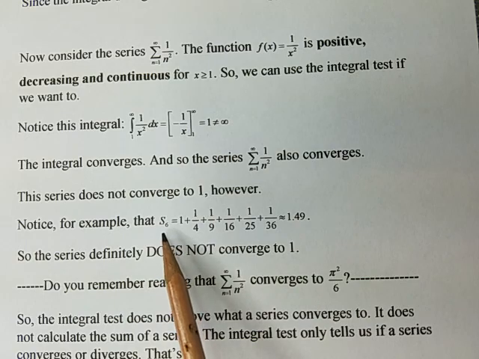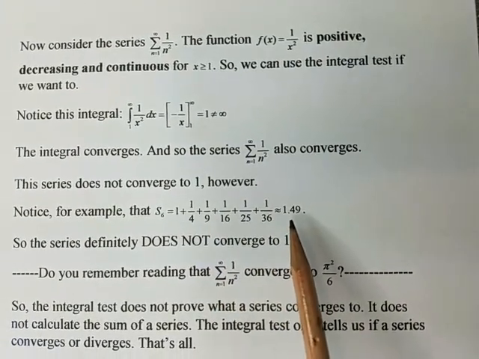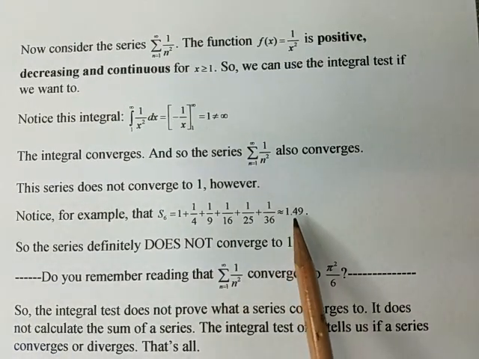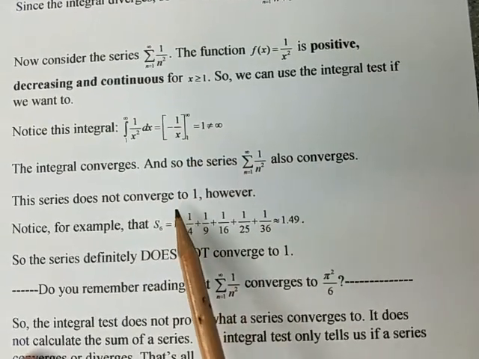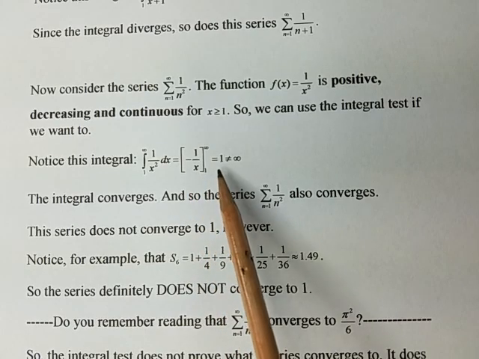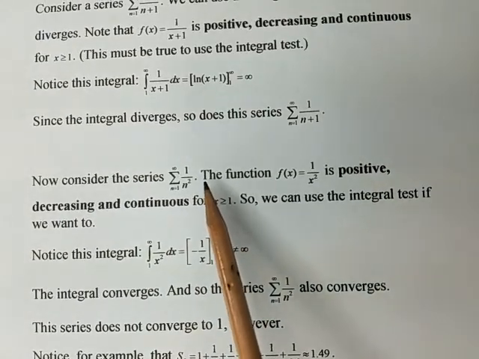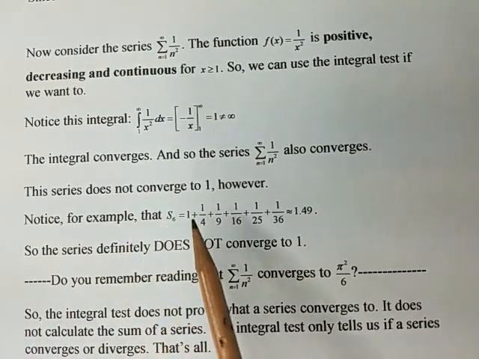S6, the 6th partial sum, the sum of the first 6 terms of this series right here. It's about 1.49. Isn't that definitive that this series doesn't look like it converges to 1? All right. So you might get 1 from the integral, but we're not saying the series converges to that number. All right. Okay.